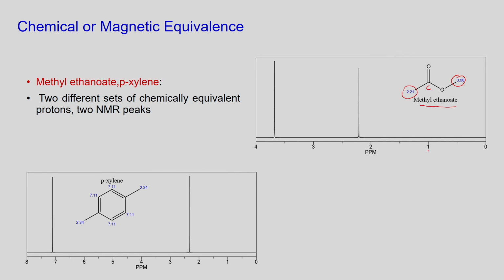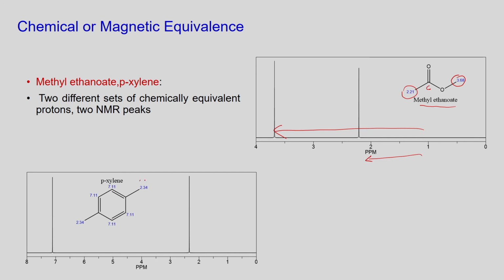Because of the valence electrons circulating around the nuclei, it is able to shield the applied magnetic field, so it shows a lesser chemical shift. I would like to recall that lesser chemical shift means lesser frequencies; higher the chemical shift, higher is the resonance frequency. Now, let us see paraxylene.